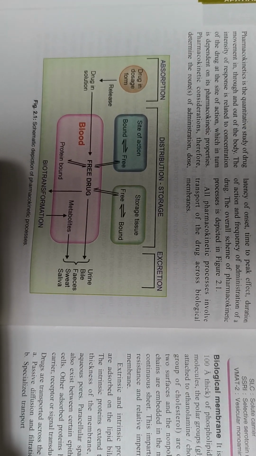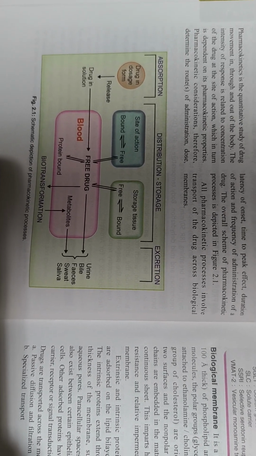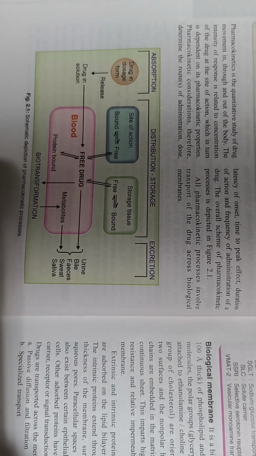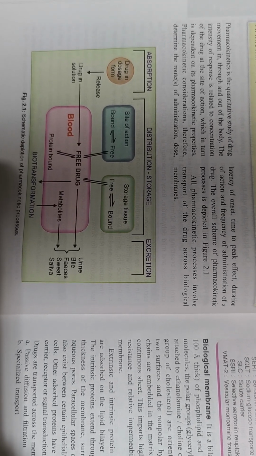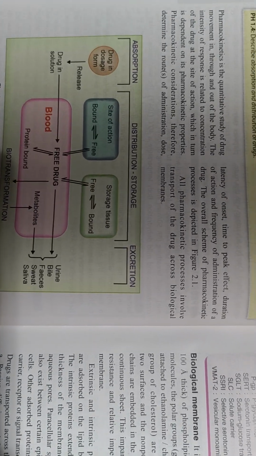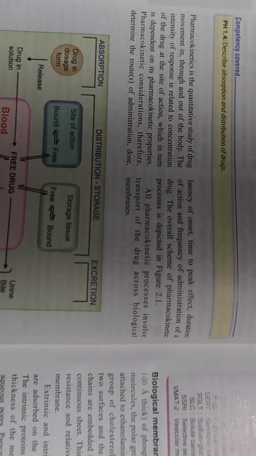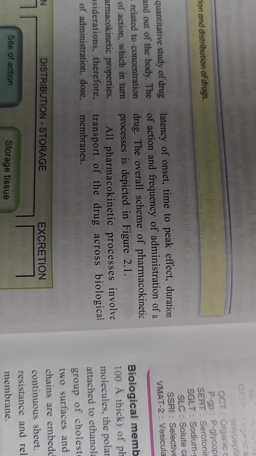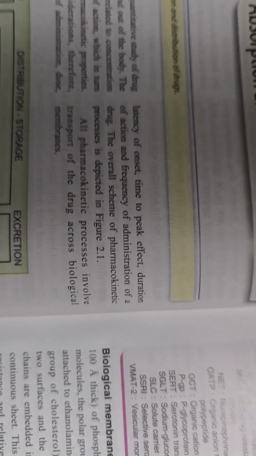It gets metabolized; there occurs biotransformation. In the storage tissue, it is converted into free and bound form, and at the site of action again there is equilibrium between free and bound form. All pharmacokinetic processes involve transport of a drug across the biological membrane.